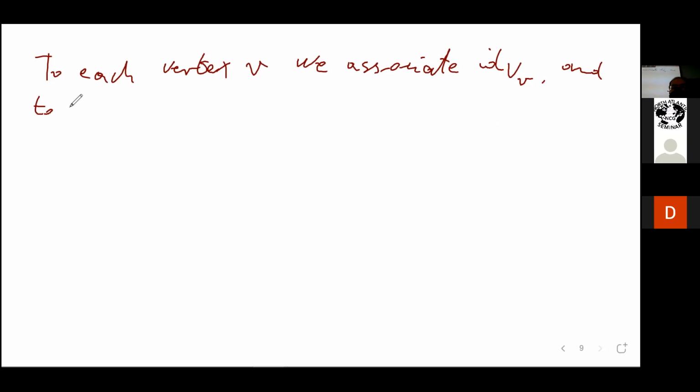And now I have to tell you what happens with zero length paths and positive length paths, so that I can tell you what kind of maps I associate to arbitrary paths. And then I will be able to define a representation of the path algebra, because the basis of a path algebra is labeled by all paths. So right now I only know what happens at edges. I also have to know what happens at vertices and paths longer than one. So this is what I'm defining right now.